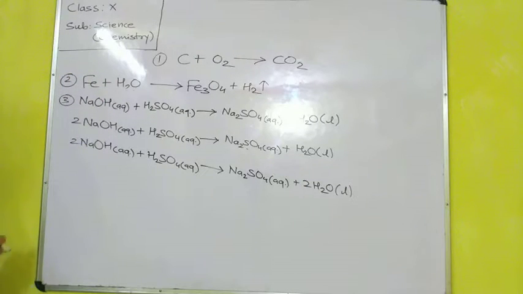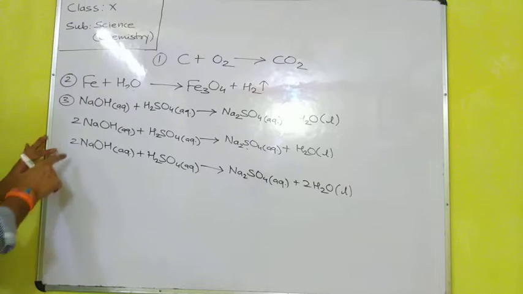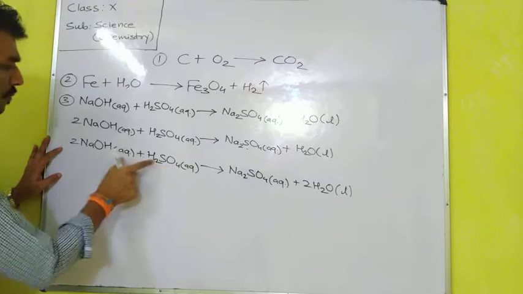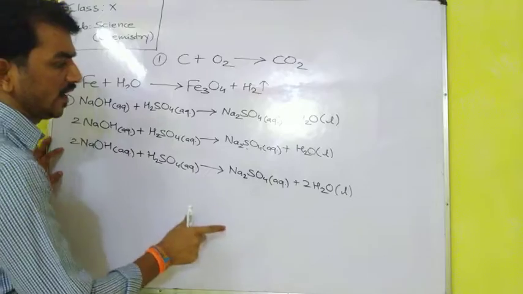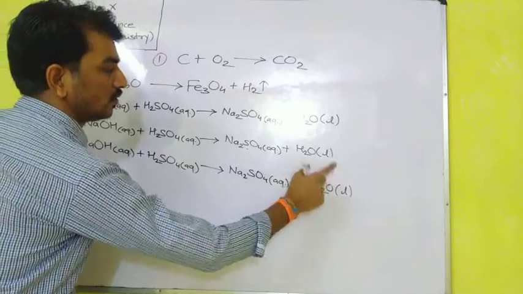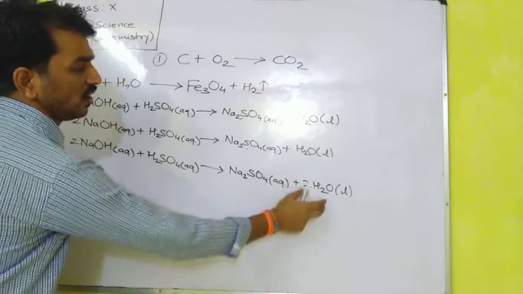Now we have to balance hydrogen, the last step. 2 atoms of hydrogen here, 2 atoms of hydrogen here, so 4 atoms of hydrogen are present in the reactant side. And here 2 times 2, 4 atoms of hydrogen are also present on the product side.